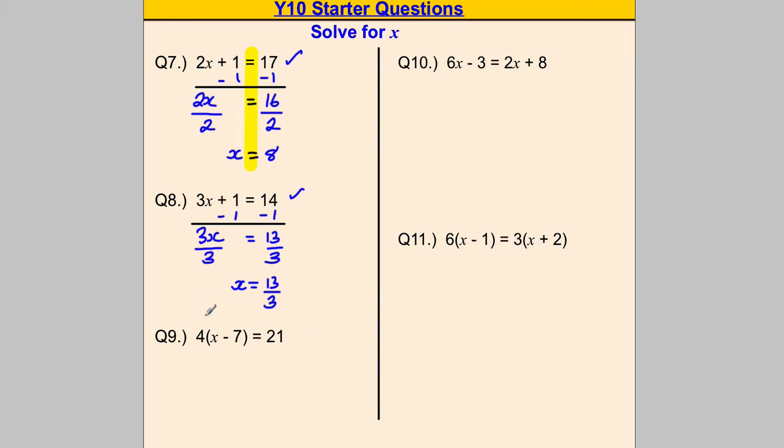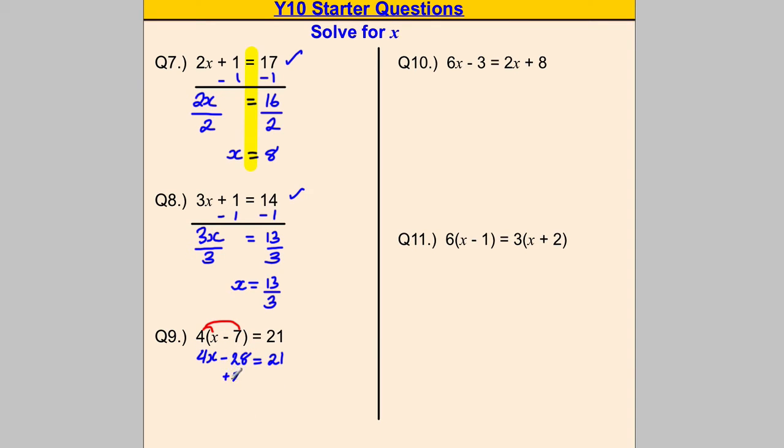This is like before, apart from all I've got to do first is expand the bracket. So I could expand this bracket and I'd have something similar to question 7 or 8. So I'd have 4x subtract 4 multiplied by negative 7 is negative 28, is equal to 21. Okay, how do I undo subtract 28?